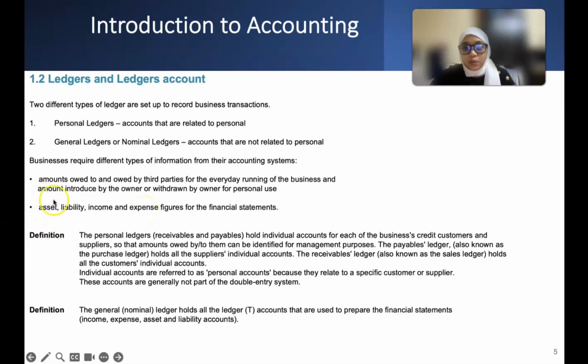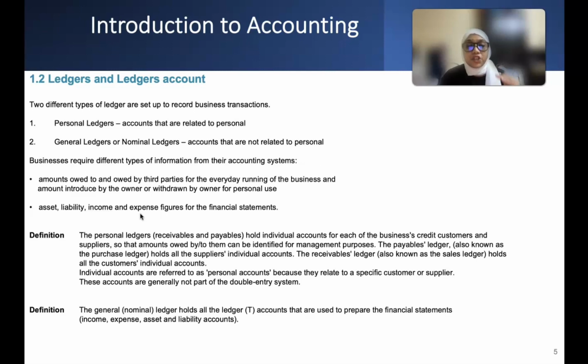What is an asset? What is a liability? I will explain more about this in later chapters. For now, you just need to understand that under general or nominal ledgers, there are income and expense. If you understand this, that's enough for now.